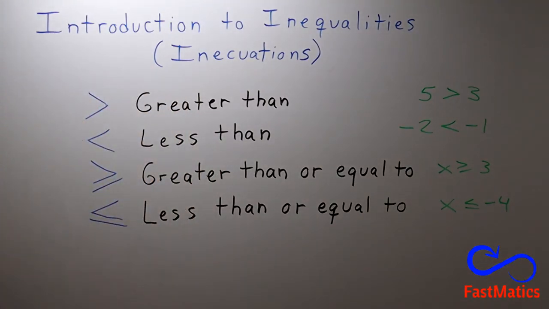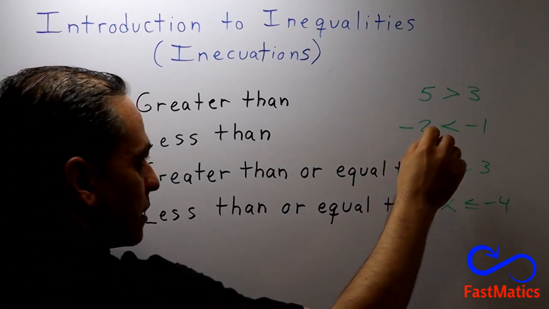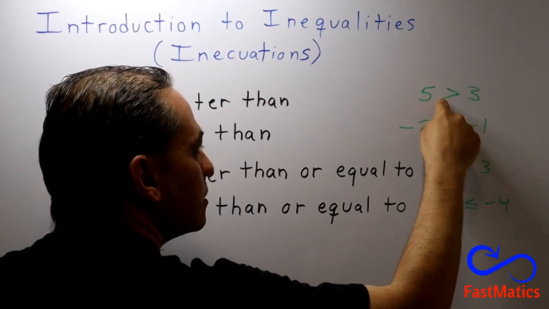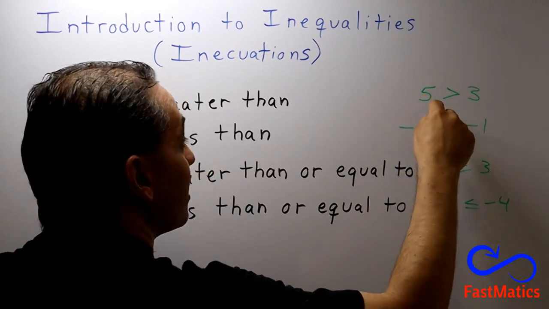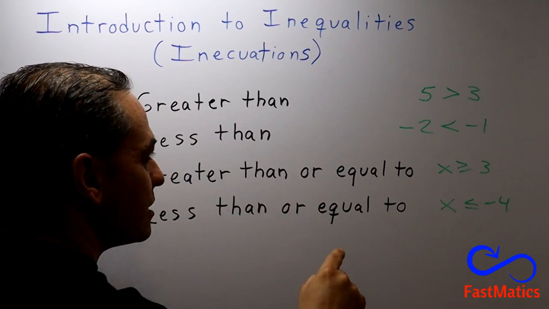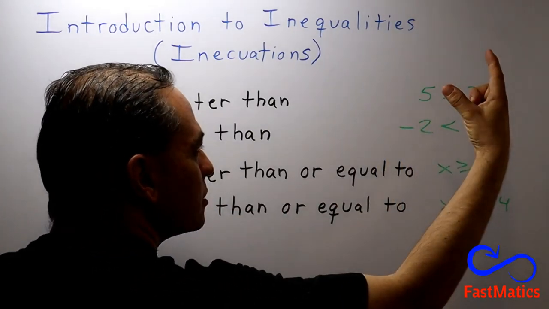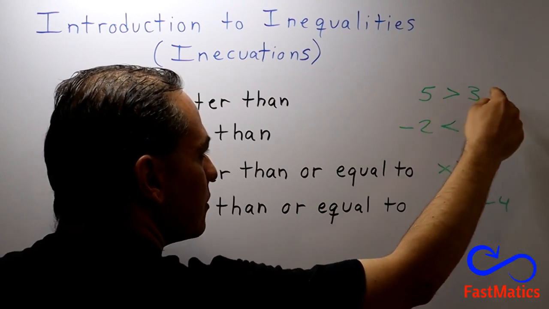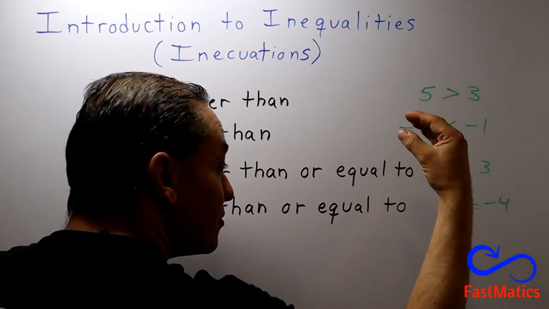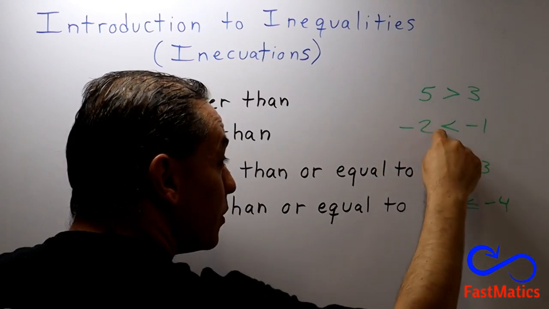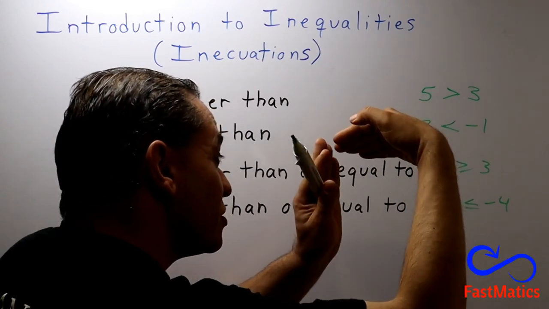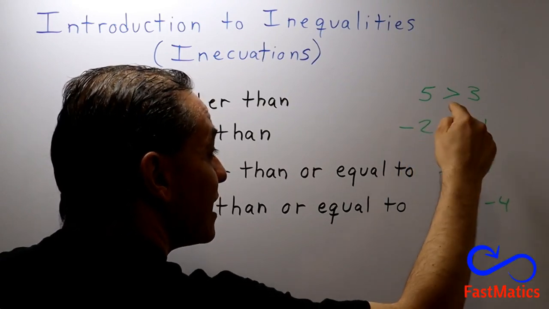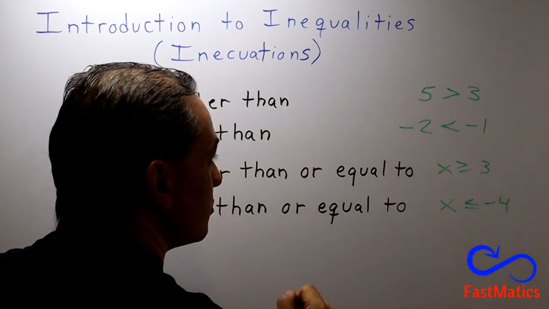So, pay attention, because if the open part is here, you are going to say greater than the other number. But if the small part, the closed part is here, you're going to say this number is less than the other number.